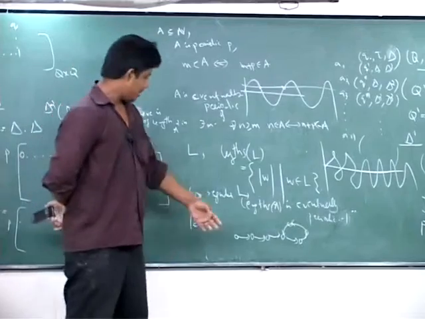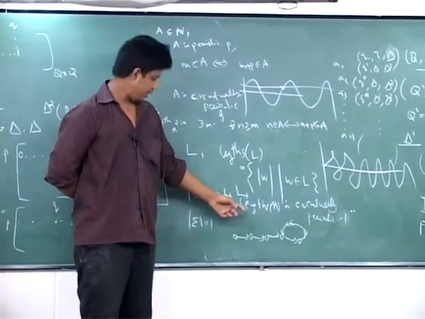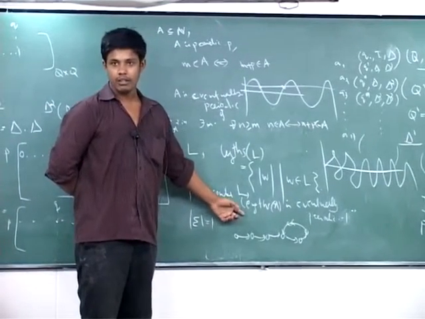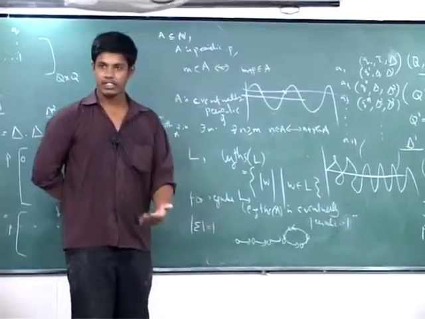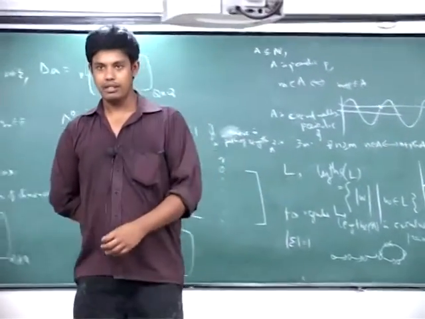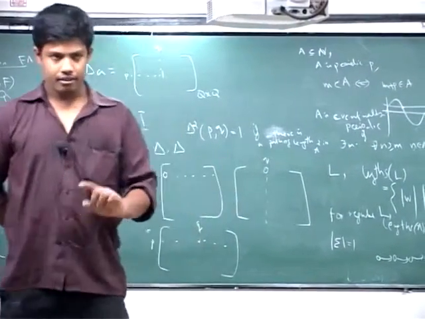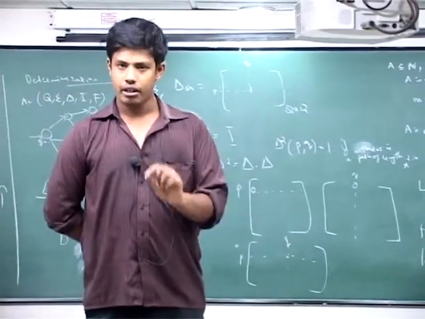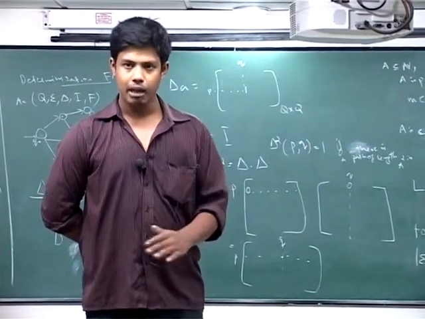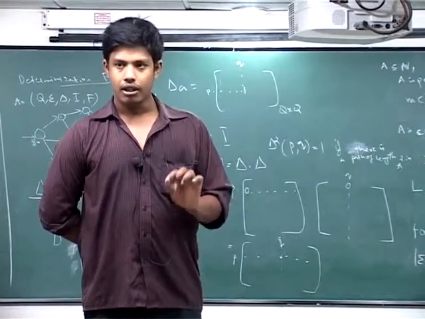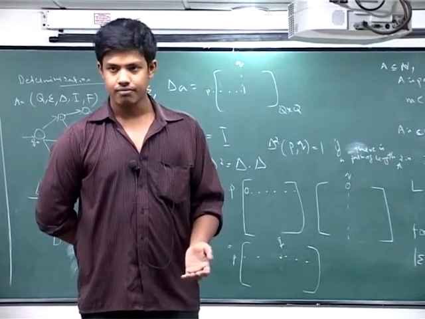Why? Because given any language L, what can I do? I can take that deterministic finite state automata and make every label A. Now I don't change the lengths of any string, right?